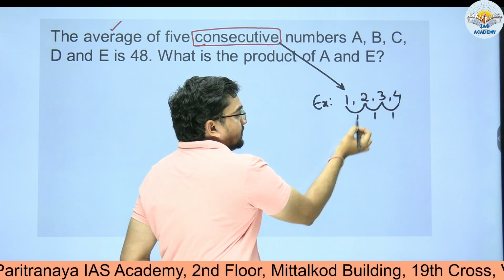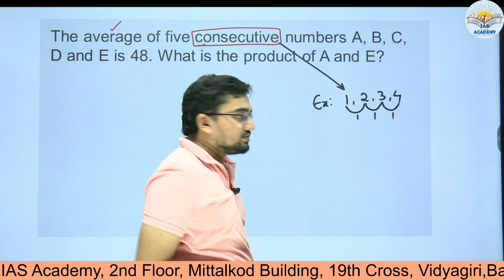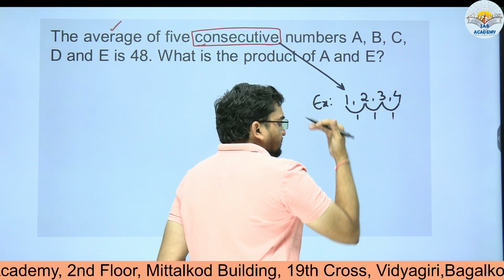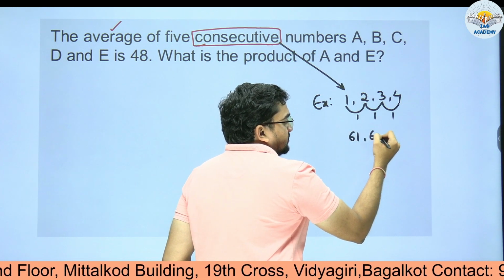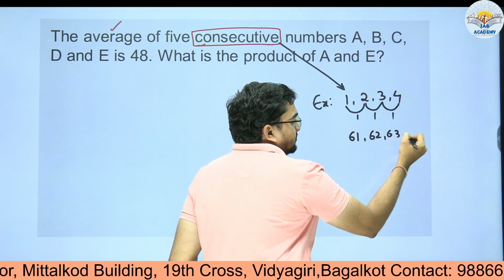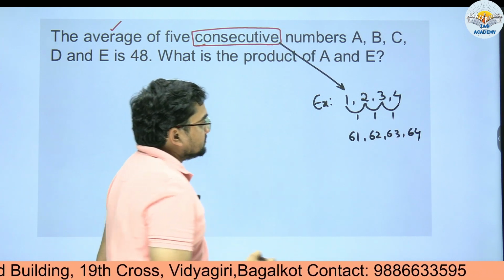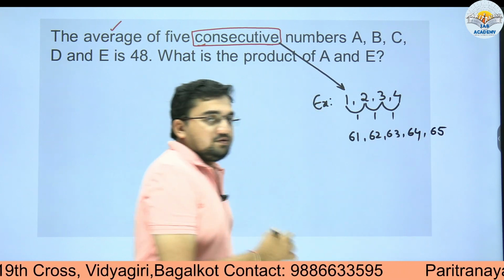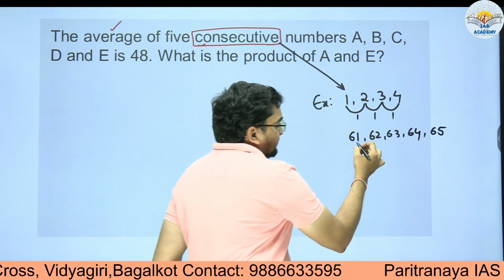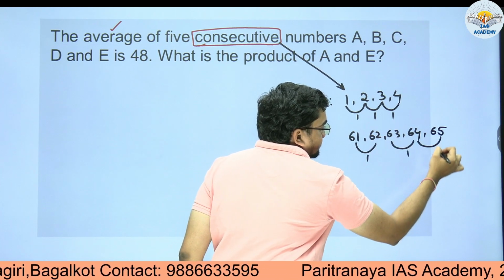That is 2 minus 1 is 1, 3 minus 2 is 1, 4 minus 3 is 1. You can also take a series like 61, 62, 63, 64. These are also consecutive numbers. If you add one more, it will be 5 consecutive numbers. The difference is also 1.